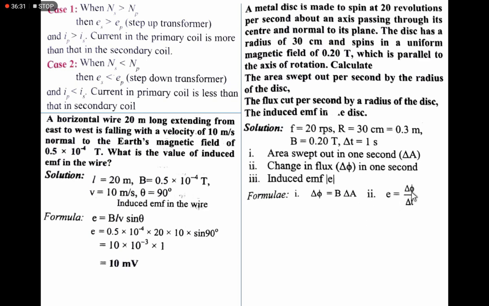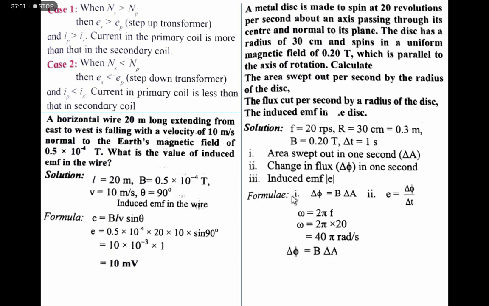E is equal to the change in flux with respect to change in time, that is, if we differentiate phi with respect to time. The angular frequency of the disc, omega, we find with this equation: omega is equal to 2 pi f, f is equal to 20. So omega is 40 pi radians per second.